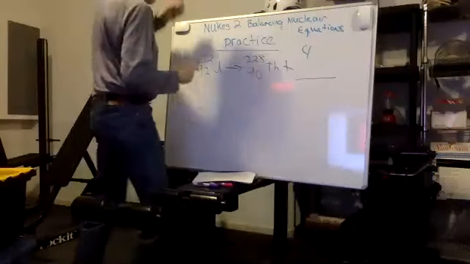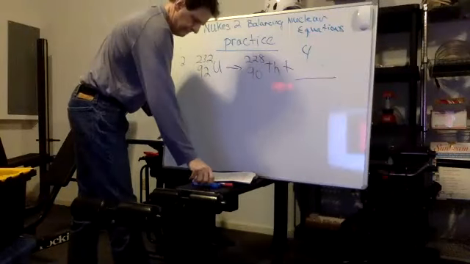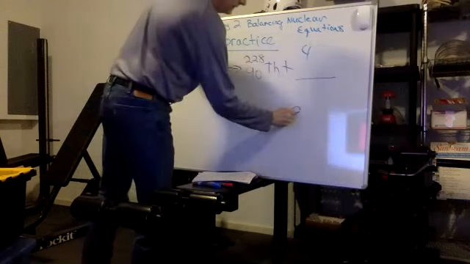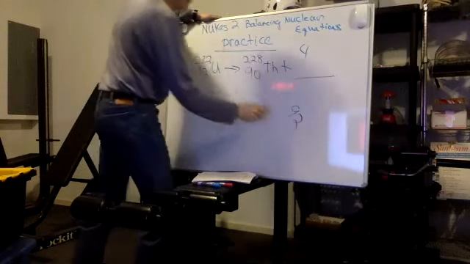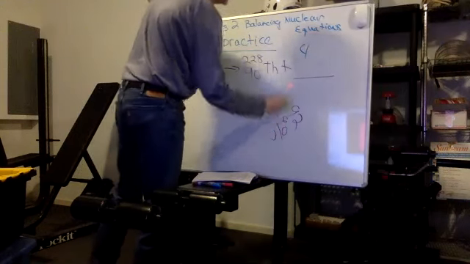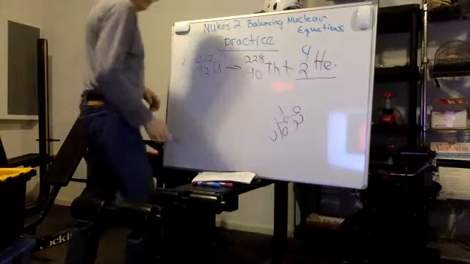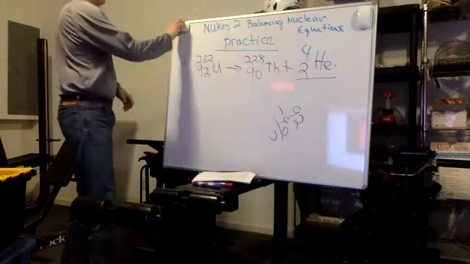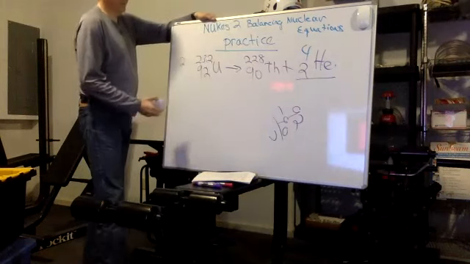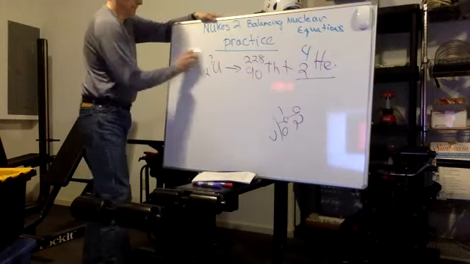Bottom, 92 minus 90, it's going to be 2. 4, 2 He. That's going to be an alpha. It's going to fit in there. And that is number 2.